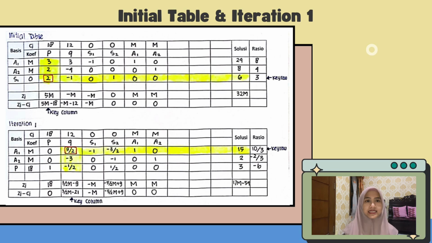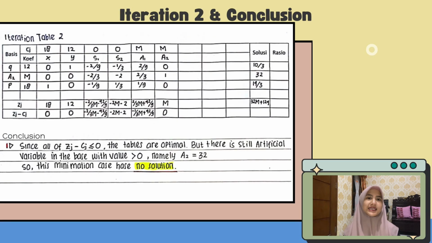Because the zj minus cj row is not yet optimal, it continues with iteration 2. In the second iteration table, we operate the same as the first iteration table by changing the base and the coefficient that is the key row and replacing it with the key column base.